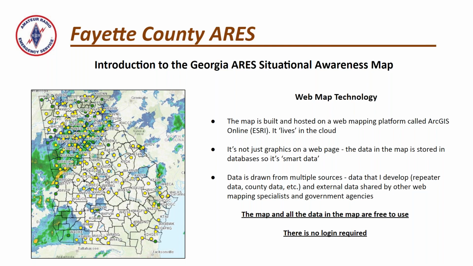But they're a benevolent giant. It is still a privately held company. It's really the personal vision of one guy by the name of Jack Dangermond. Although he's getting up there in years, he's very dynamic, and one of the things he really believes in is making this technology as widely available as possible. So the map is not just graphics on a web page.